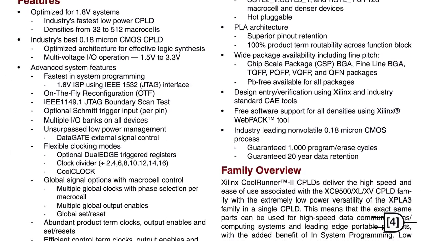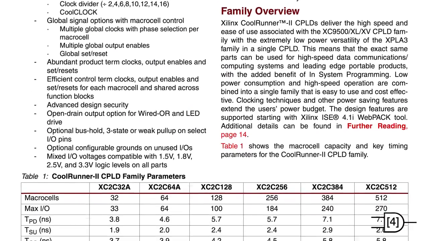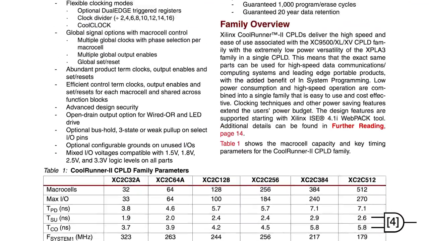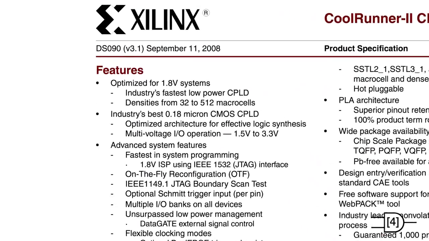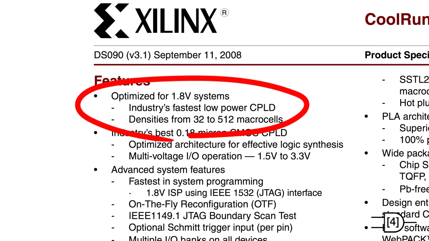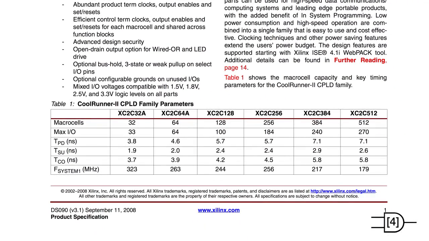Here's the Xilinx Coolrunner 2 CPLD family datasheet. Here are some of the significant characteristics of this device that relate directly to our selection criteria. This part was designed with low power in mind, hence the name, and includes several low power features. Note the limit in the amount of logic: 512 macro cells, 512 flip-flops.